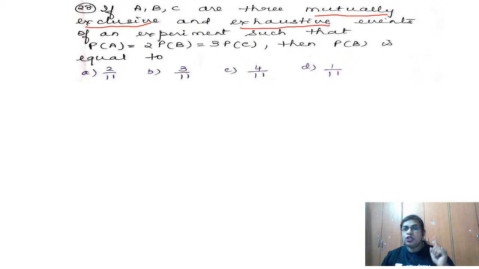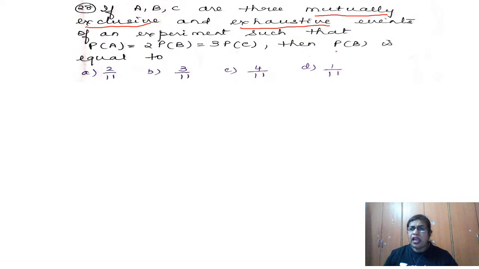Its union is the sample space, and the total probability is 1, right? Then what is given to us? Such that probability of A is equal to 2 times probability of B is equal to 3 times probability of C. So probability of A, B, C are interrelated.